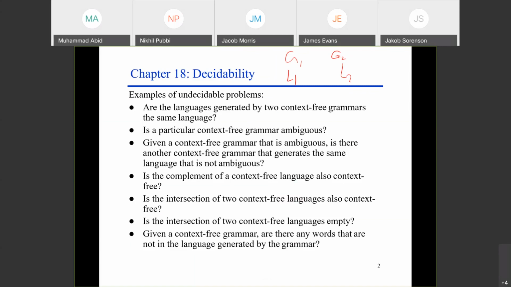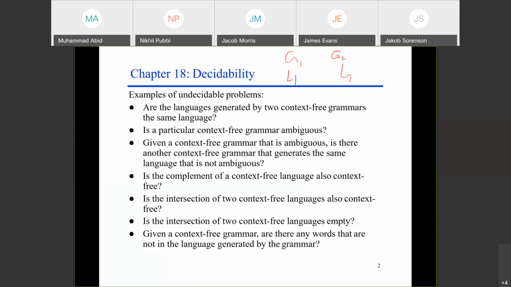If you have a CFG and somehow figure out that it is ambiguous, can you figure out whether another, non-ambiguous context-free grammar exists? We have no idea how to figure this out.